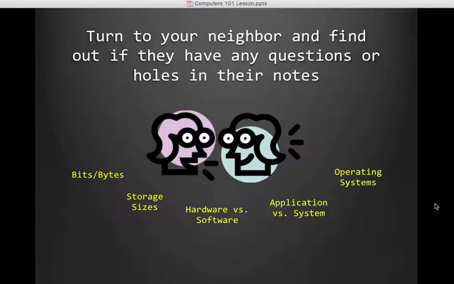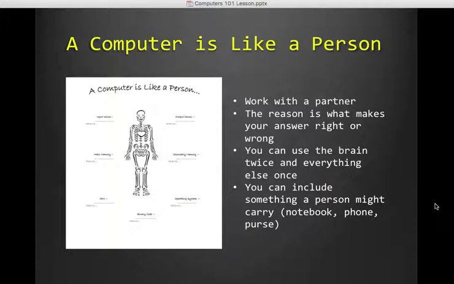All right, we're going to skip that because you're not in class. So the last thing you're going to do is a computer is like a person assignment. You aren't going to work with a partner since you're at home, but what you are going to do is tell me what computer component is like the human component.